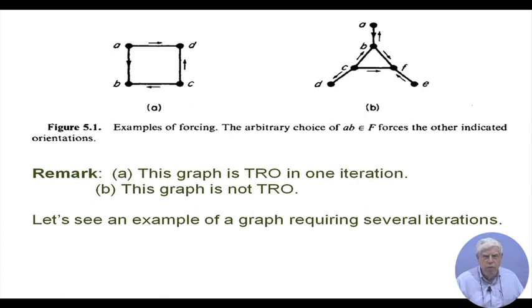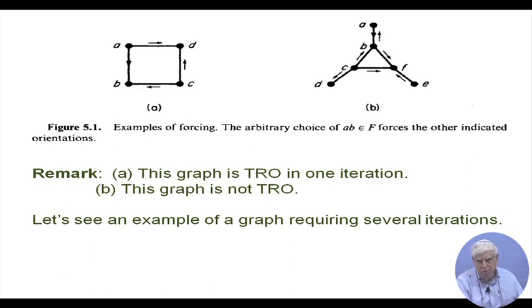Let's look at a few more examples. Here on the left, A, you have a transitive orientation. This forcing was fine. B, this graph does not have a transitive orientation. And starting with AB, that's this top edge, if it goes up, this goes down, this goes up, this goes over, this goes down, this goes up, and that would force this original edge to go down.